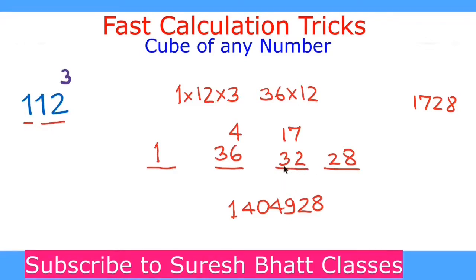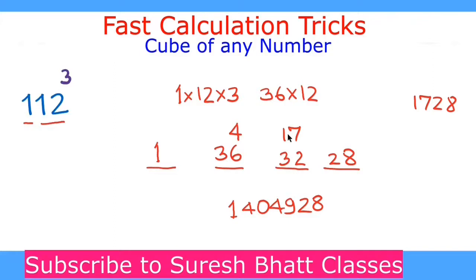So we write 32, 2 digits of 432 here in the third portion, and carry 4 and write that 4 above 36. In the fourth portion we have to write the cube of second part of 112, which is 12, and cube of 12 is 1728. So we write 28 of 1728 in the fourth portion.